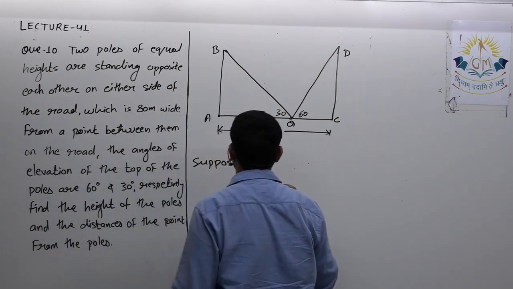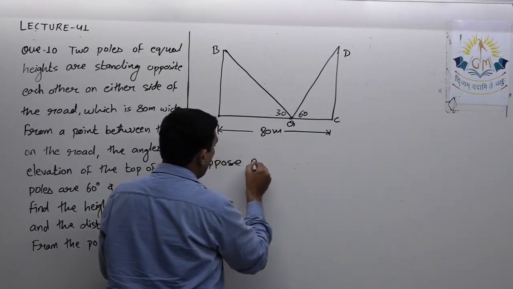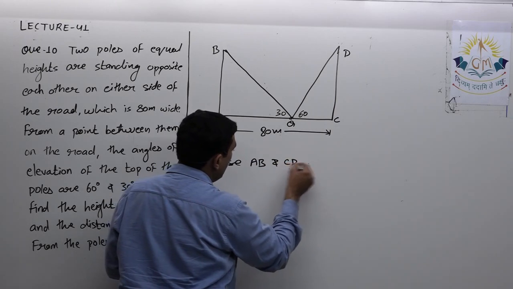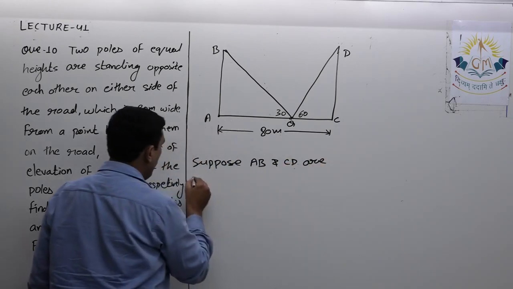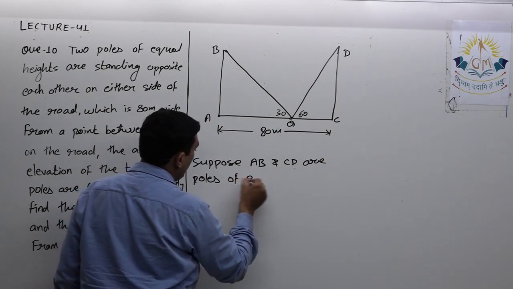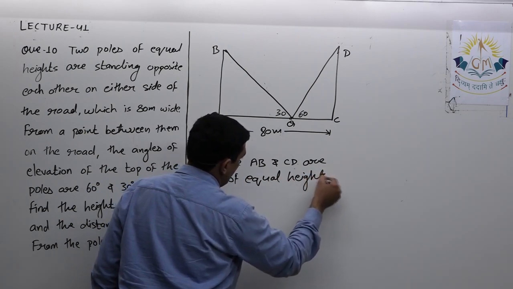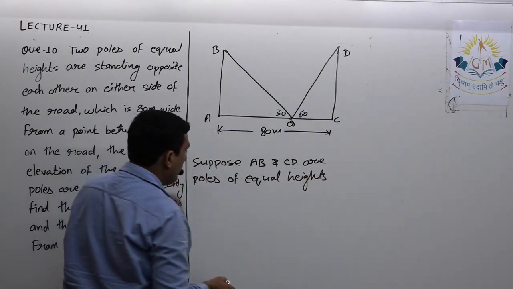Suppose AB and CD are poles of equal heights.